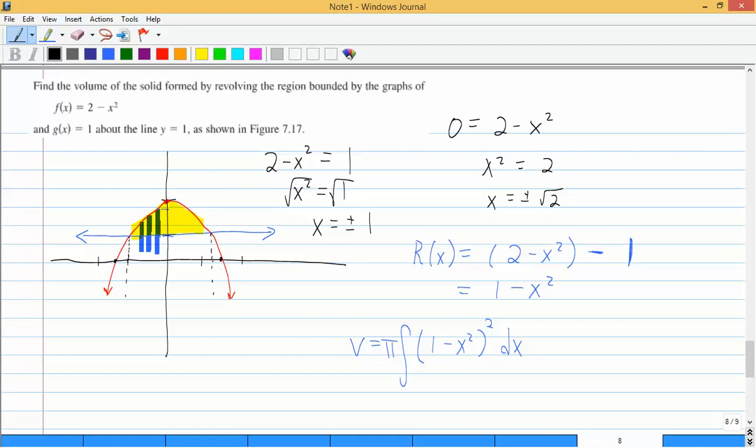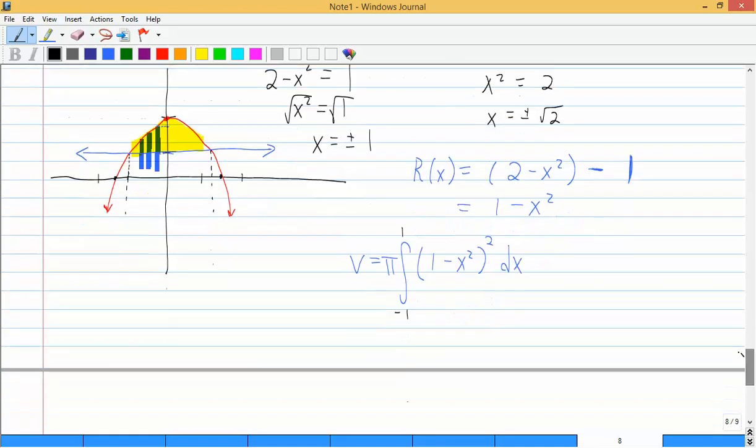So this point right here, you see why I said don't trust your eyes. This is x equals 1. This is x equals negative 1. Okay? So we integrate from negative 1 to 1. Now, don't do like the bad student would do and square that binomial by just squaring the first term and the second term.